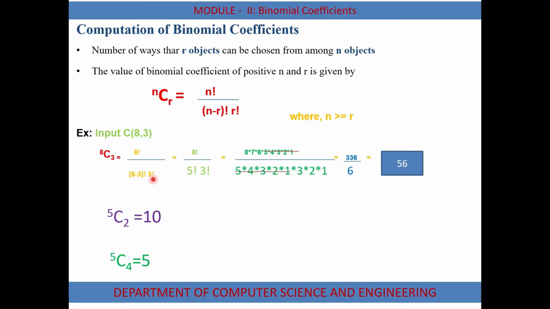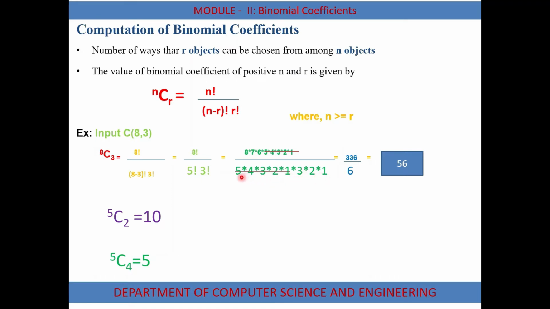That is equal to 8 factorial divided by 5 factorial into 3 factorial. 8 factorial is nothing but 8 into 7 into 6 into 5 into 4 into 3 into 2 into 1, divided by 5 factorial, which is 5 into 4 into 3 into 2 into 1, into 3 factorial, which is 3 into 2 into 1.